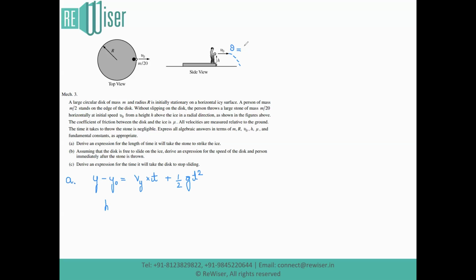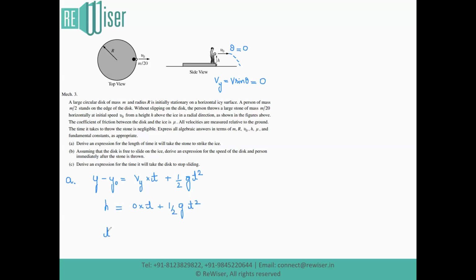Since vy is nothing but v times sine of theta, the initial vertical component of velocity is going to be 0 as it is thrown horizontally. Height h is equal to 0 times t plus half g t square.